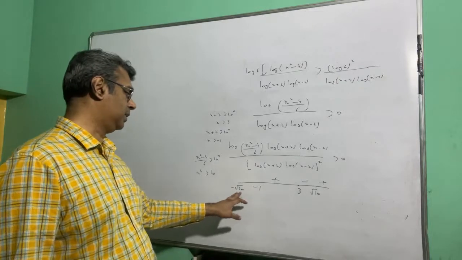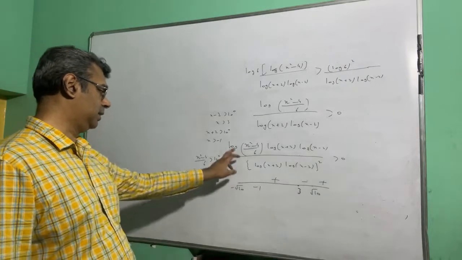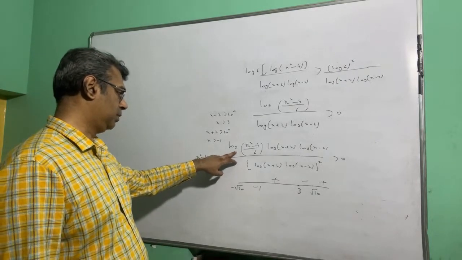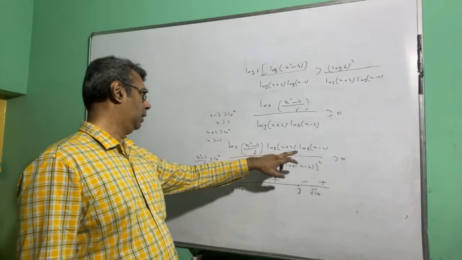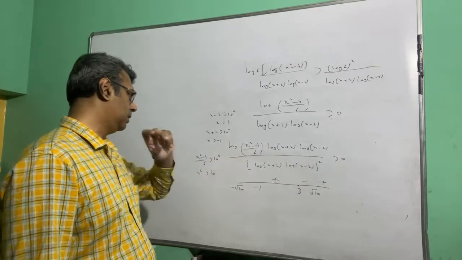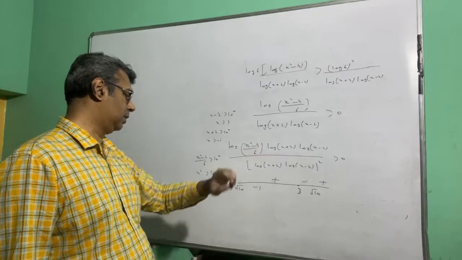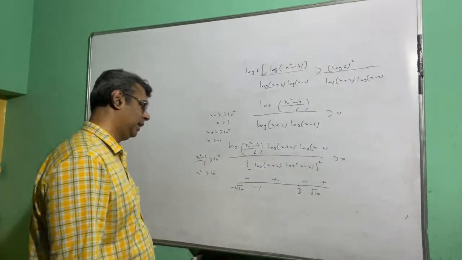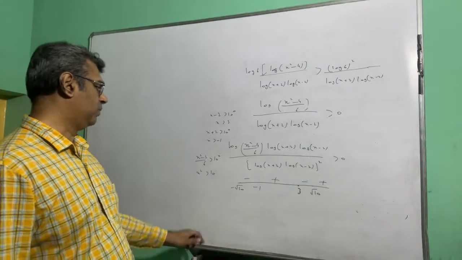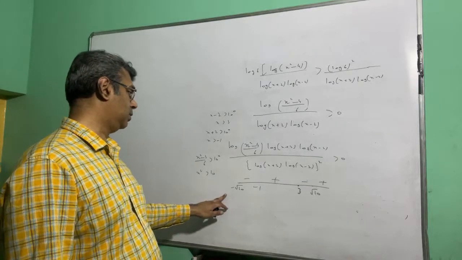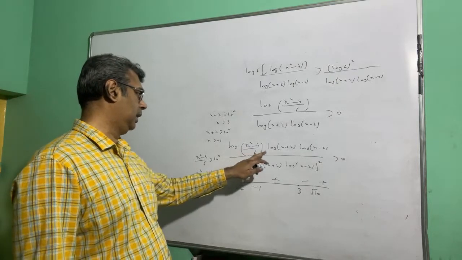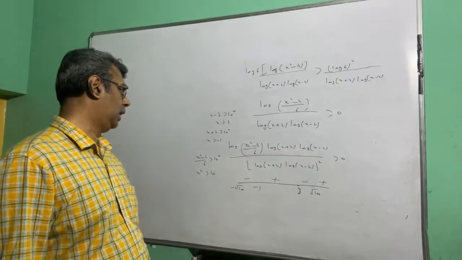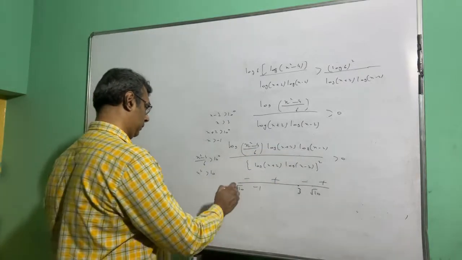Suppose x is between minus 1 and minus root 10, this is negative, this one is negative, this one is negative, and in fact this one is also negative. So all are negative, so negative. So it is coming exactly like a wavy curve. And suppose x is less than minus root 10, then this is positive, but these two are both negative. So it's positive.